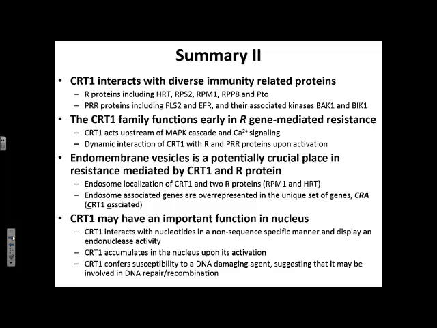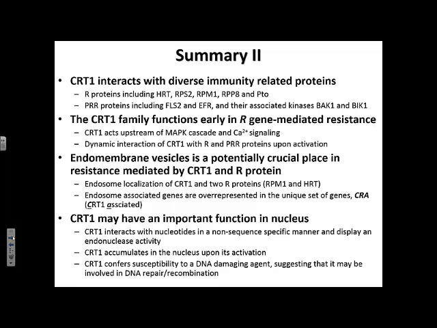I've shown you the dynamic interaction with these two, R proteins and PRLs. And endomembrane vesicles seem to be the predominant place. But now we also found CRT1 in the nucleus as well. Okay? And it looks like CRT1 accumulates, although it's a very marginal amount as compared to all the pool that is available outside of the nucleus.